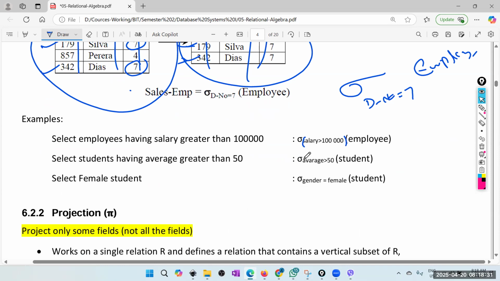So in the condition part, we can use and, or, and not, or even XOR. The condition is Boolean, but this expression is a relational expression called selection. If you have any doubt, you need to ask, because this is the basis for SQL.